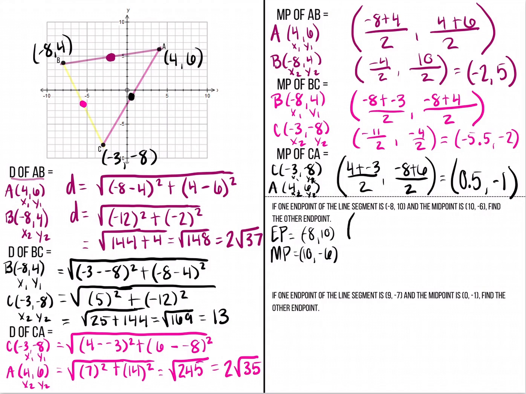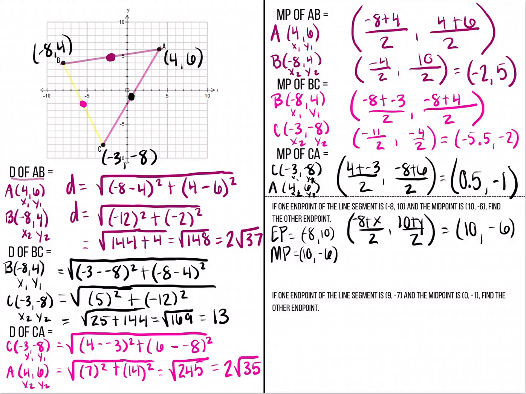So we know the midpoint is (10, -6), right? So what that means is that negative 8 plus the x value is going to be 10, right? Then 10 plus the y value is going to be the midpoint of negative 6, because that x and y is representing the other endpoint.